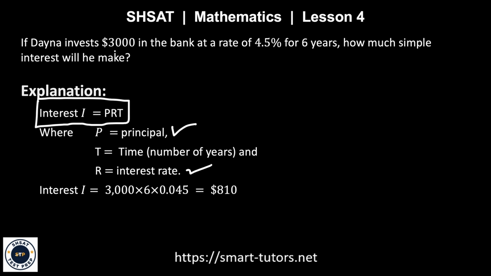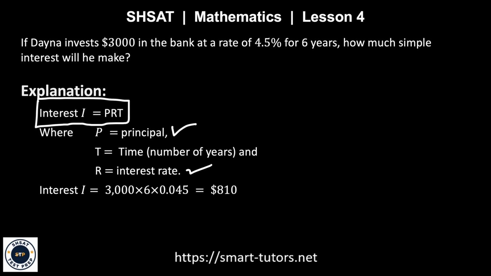If Diana invested $3,000 in the bank at a rate of 4.5% for 6 years, how much simple interest will she make? Let's do that. It is a very simple problem. I equal to PRT. Let's plug in the values.